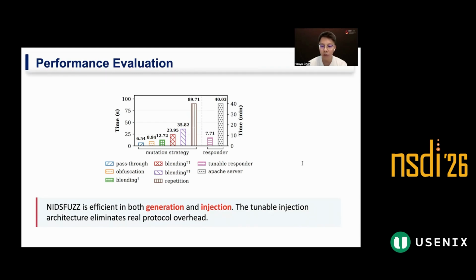The repetition strategy is the most expensive, about 90 seconds, because it dramatically increases the number of buffer constraints to be rendered. For injection, our tunable responder completed 20,000 request response cycles in about 8 minutes, compared to roughly 40 minutes using a real Apache server.